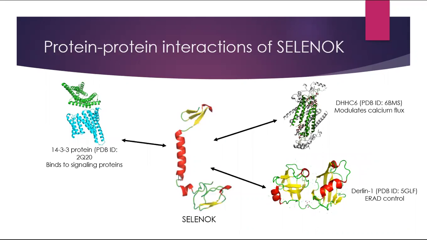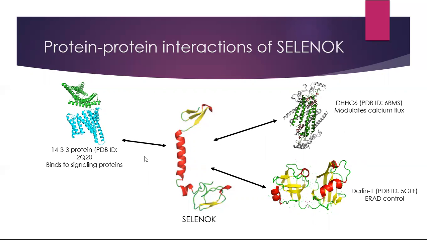We know now that seleno K is involved in many protein-protein interactions and is predicted to interact with many more. One, of course, is DHHC6, which modulates calcium flux. The other is Derlin-1, which is just one example of the proteins in the ERAD complex. And another is 14-3-3 protein.